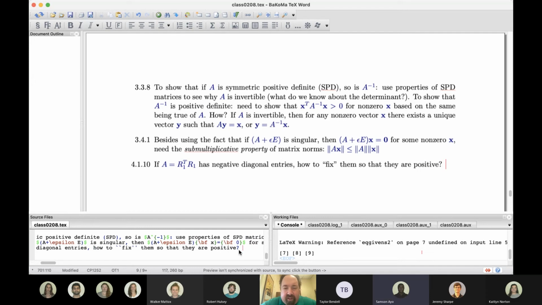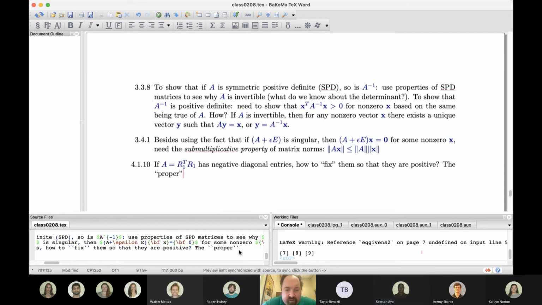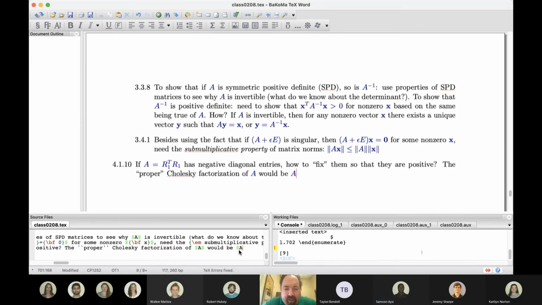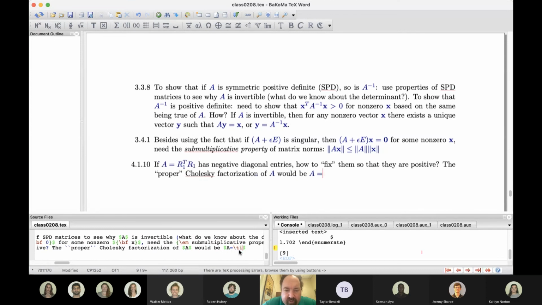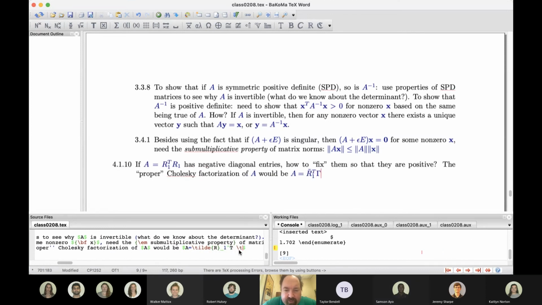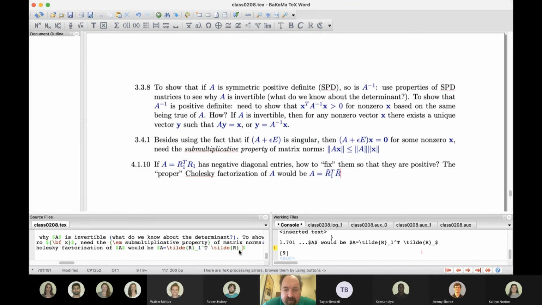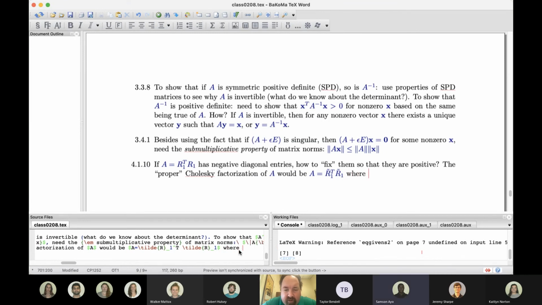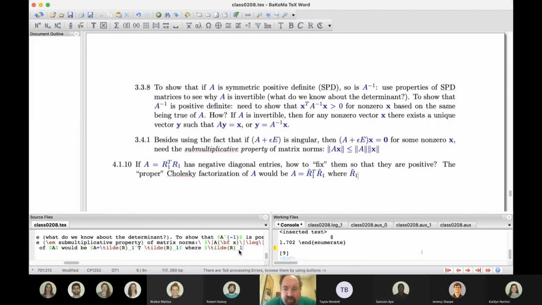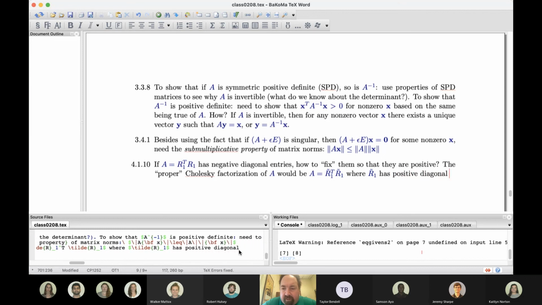I'm going to try to be careful not to give away too much. So the proper Cholesky factorization of A would be A equals tilde R1 transpose tilde R1, where tilde R1 has positive diagonal entries.